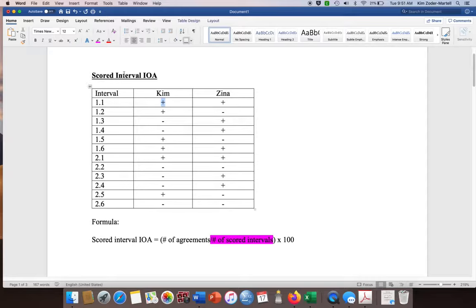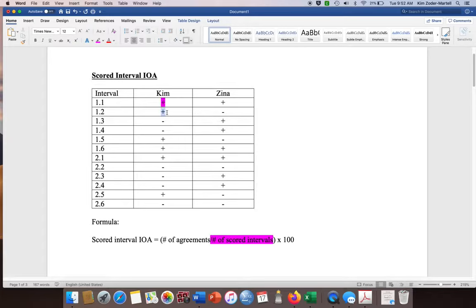Now, a scored interval is any instance in which one or both of the observers recorded that the behavior occurred. You only need to count it once. So if Kim and Zena both agreed that the behavior occurred, that would go into the agreements, but for the denominator, you just need it once. So here, Kim and Zena said yes, so we're going to mark this one to go in our denominator.